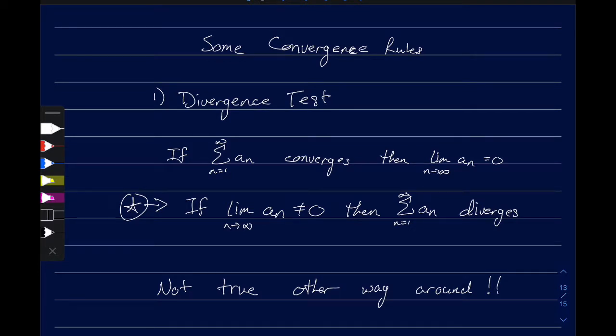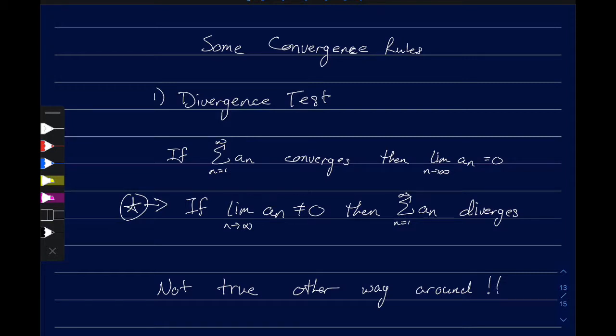Now let's look at an important convergence rule, and it actually doesn't really tell us anything about convergence, but instead talks about divergence. The rule is that if a series converges, then the limit of the sequence that we're taking the sum of goes to 0.